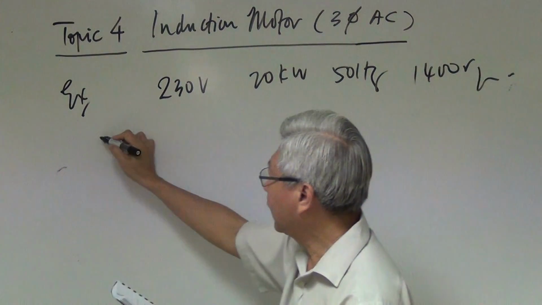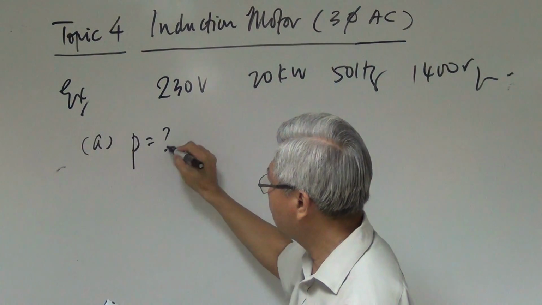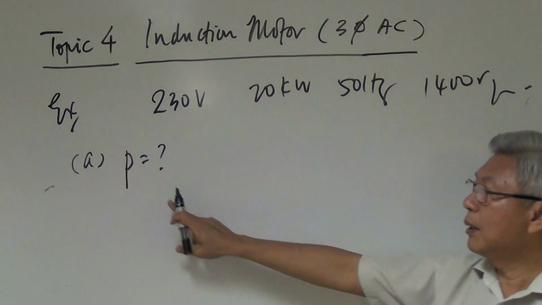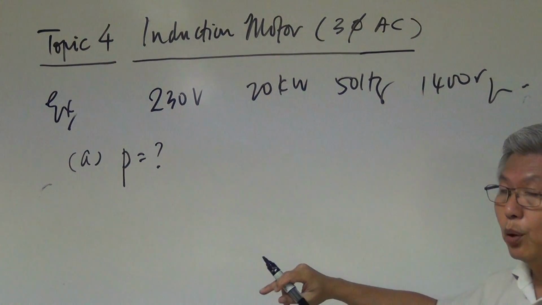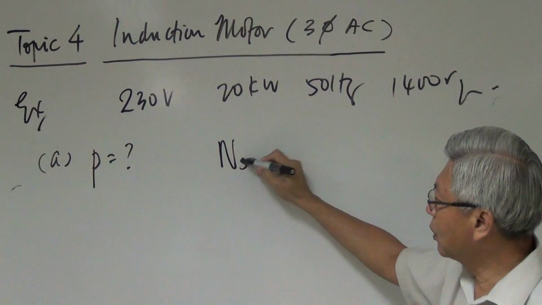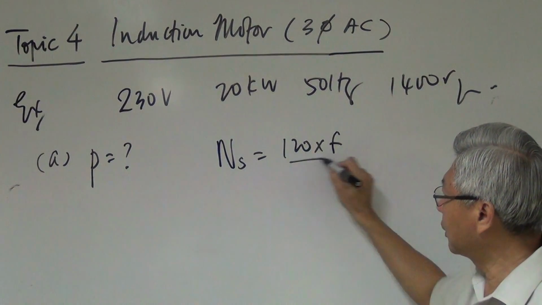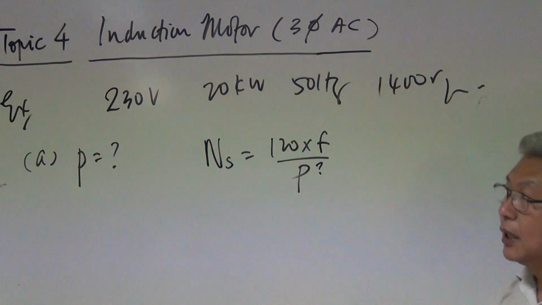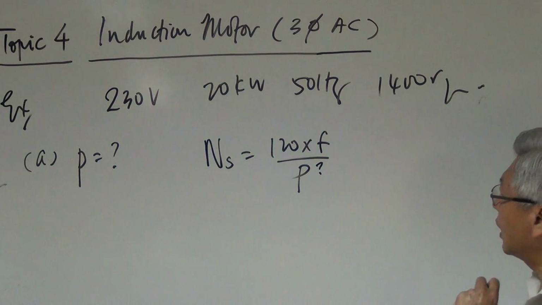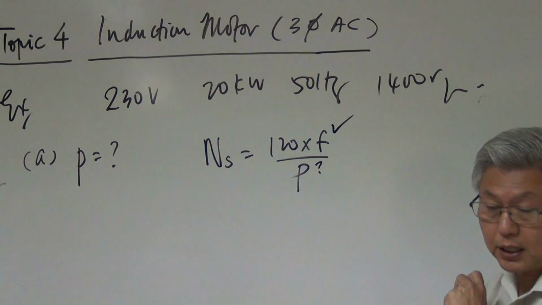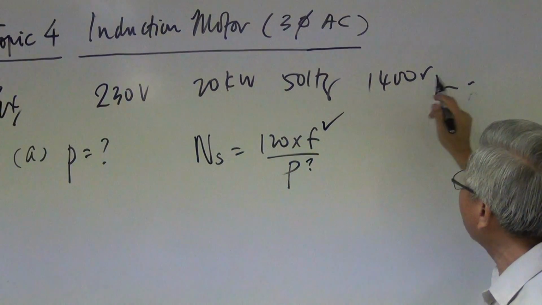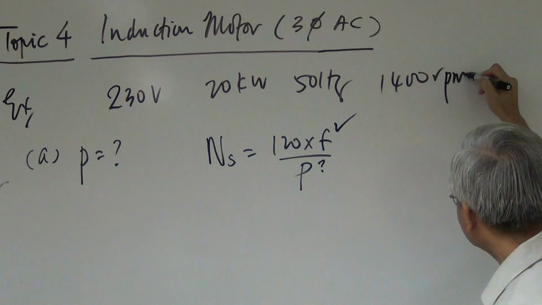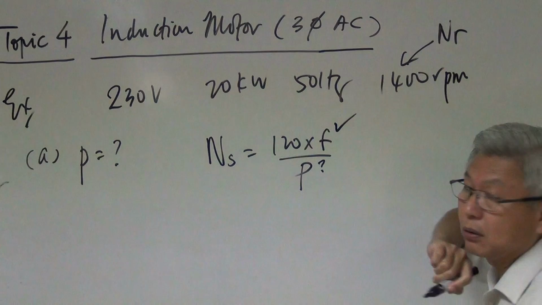Part A. Find the number of poles. Now, if you recall, there's only one formula that involves poles, which is Ns equal to 120 f over P. So in this question, you're asked to find P. We have the frequency, which is 50 Hz, and we are given the speed 1400 RPM. Now this speed is actually Nr, the rotor speed.